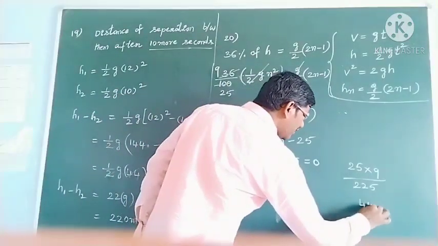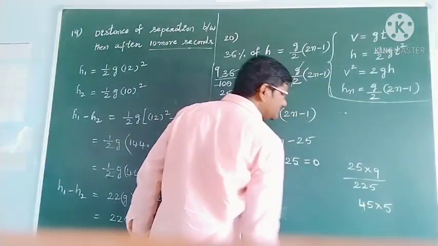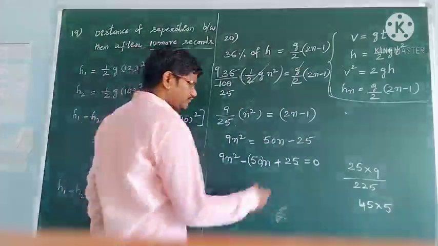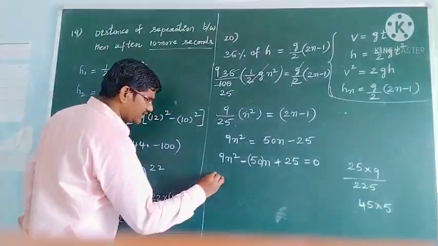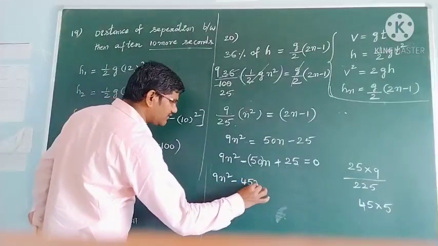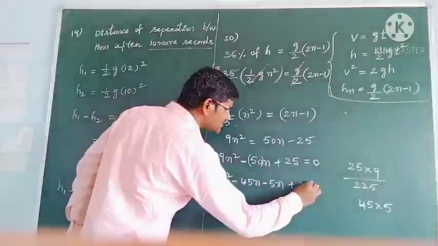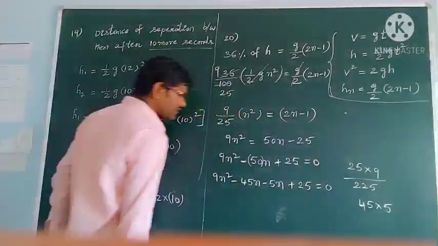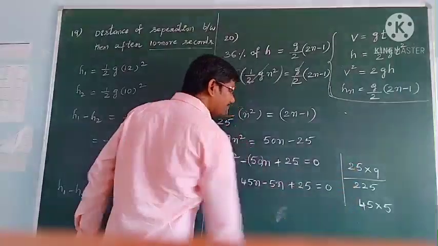So 45 into 5 you select. These are the factors you write: 9n square plus 45n minus 5n plus 25 is equal to 0. The product of these two is equal to 225.